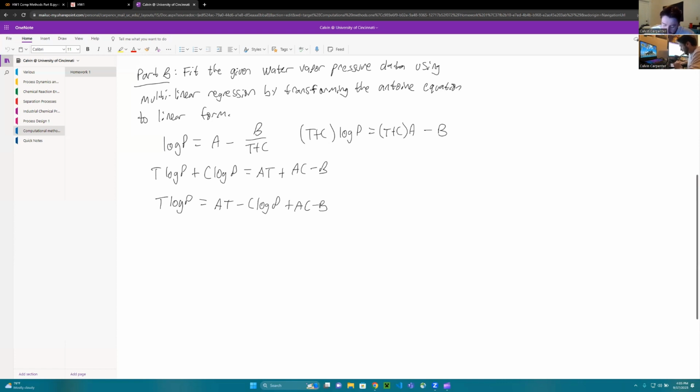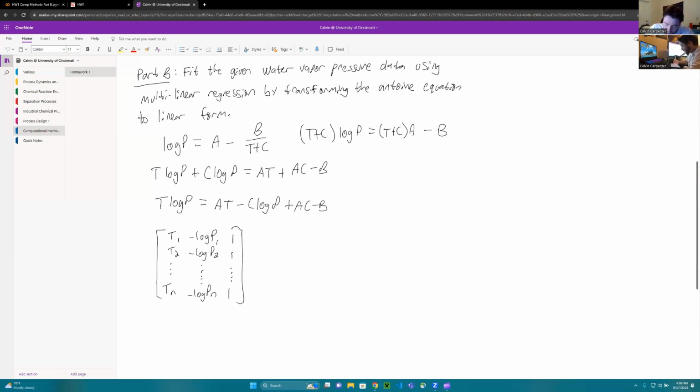And so kind of writing this as a vector statement, we will have a vector of T's, we'll have a vector of negative log P's, P1, P2, and then a column of just ones.